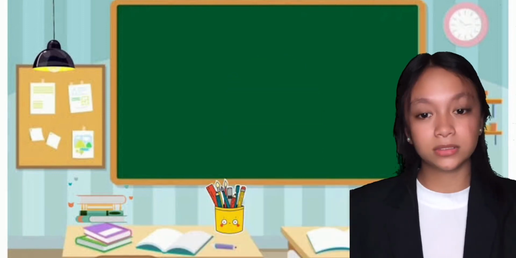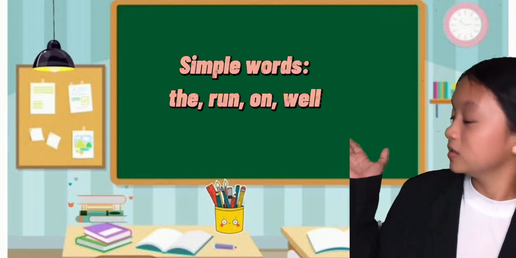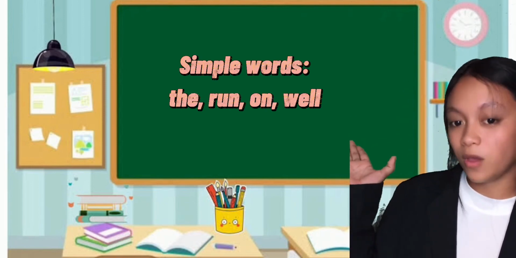Morphemes that can stand alone to function as words are called free morphemes. They comprise simple words, or words made up of one free morpheme, and compound words, or words made up of two free morphemes. Examples of simple words: the, run, on, well.